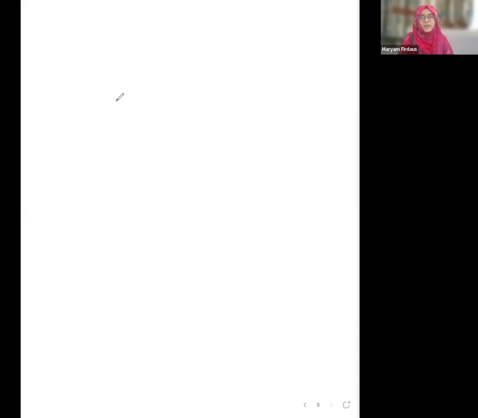X is equal to 45. Hiba, let's see this. Look very carefully. Which are the two sides that are equal? These two sides? Yes.